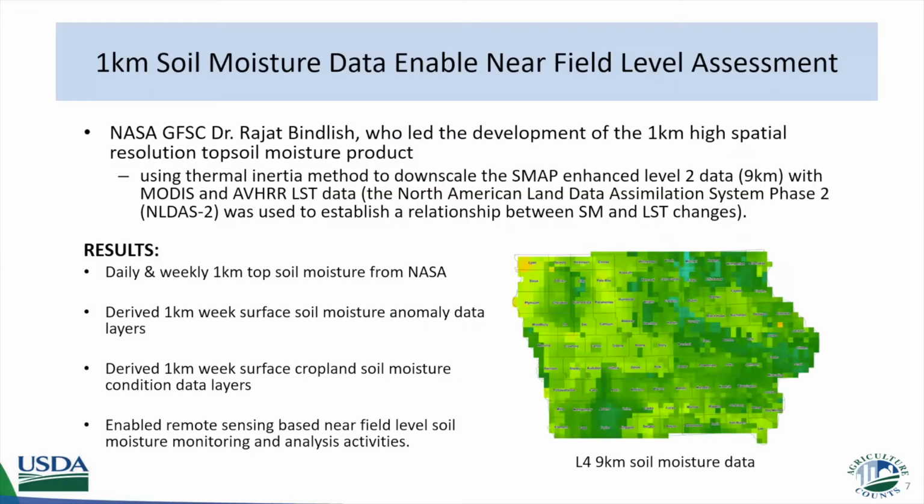The 1-kilometer data is specially developed to support near field level assessment. NASA's Rajat Bindlish led the development of that 1-kilometer high spatial resolution topsoil moisture product. Based on that 1-kilometer data, we basically do the same thing.